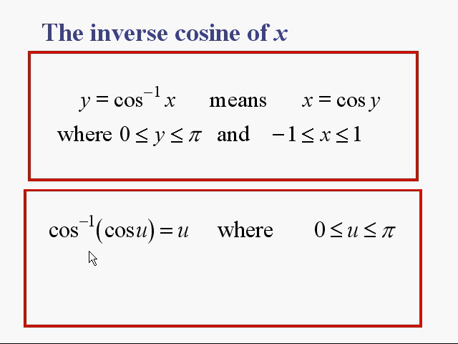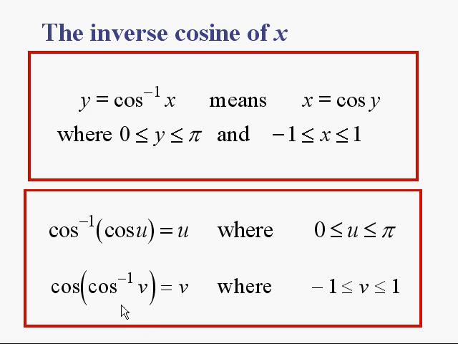Here's what it looks like in terms of an inverse function. The idea is that the inverse function applied to a function value gets you back to where you started. So you start with an angle. Cosine of the angle is some number. Cosine inverse of the cosine of that angle is the angle whose cosine is what you started with, and that's the angle you started with as long as the angle is between 0 and pi.